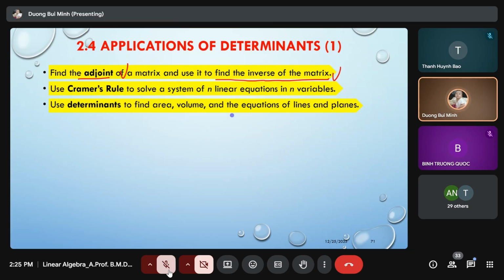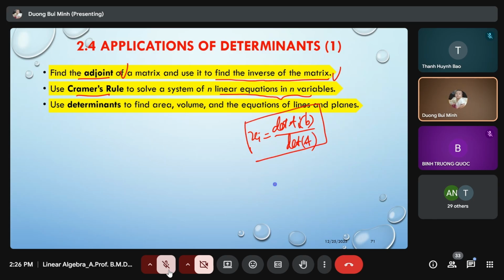We already did that. Cramer's rule to solve a system of n linear equations, remember we have xi equals determinant of Ai over determinant of A, right? This is Cramer's rule. And the adjoint means the inverse of A is 1 over determinant of A times C transpose. What does CT mean? CT is the transpose of the cofactors matrix.